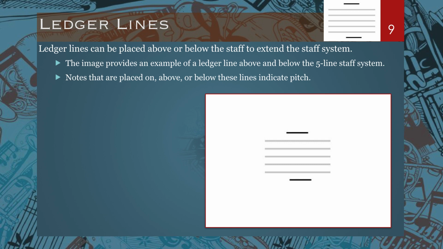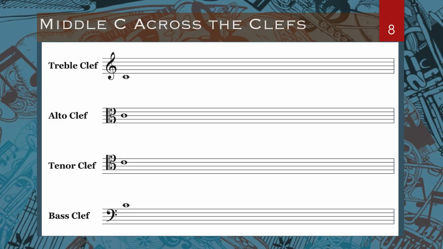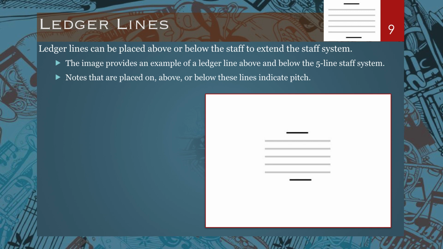Now, ledger lines can be placed above or below the staff to extend the staff system. You see here in the bass clef, we have a ledger line that goes straight through that note. In the treble clef, there's also a ledger line that goes straight through that note. All that's doing is extending the staff system so we can play more notes. So here is an image of those ledger lines without the notes on them.